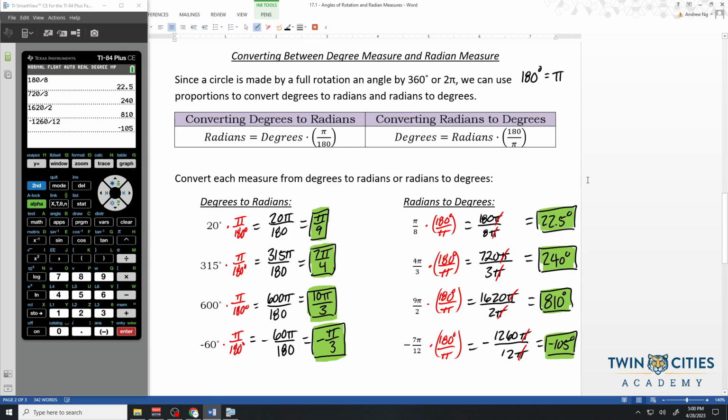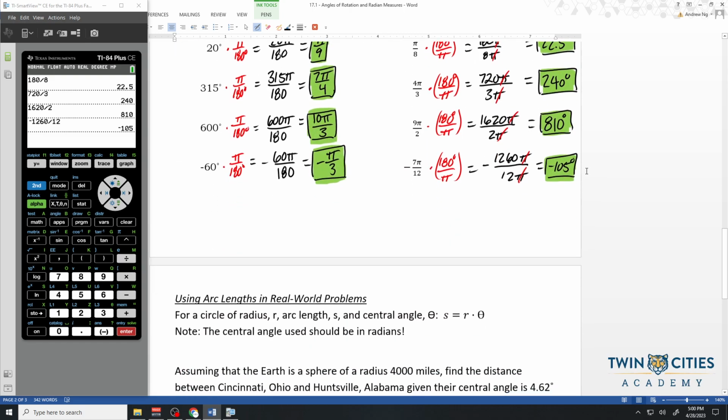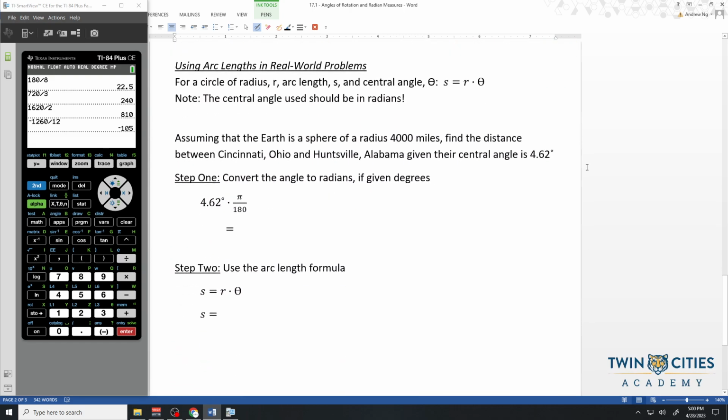Let's also talk about arc lengths. For a circle of radius r, arc length s, and central angle theta, s equals r times theta. Note, the central angle used should be in radians.